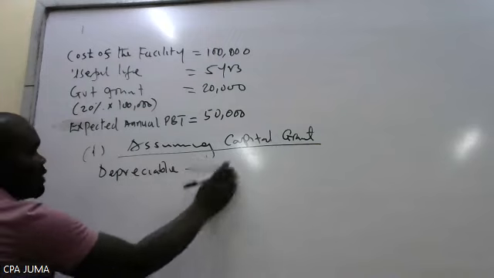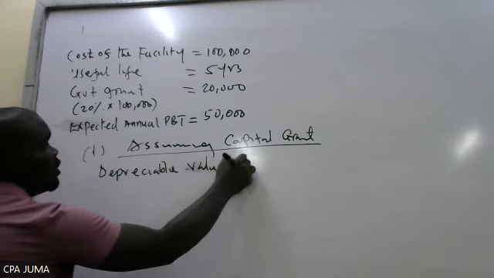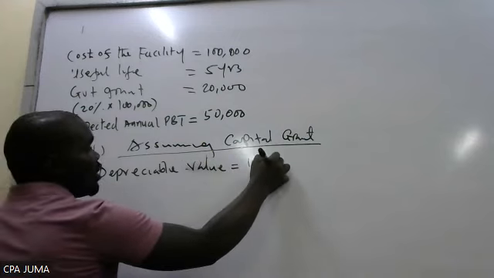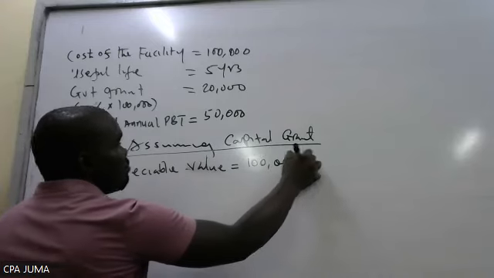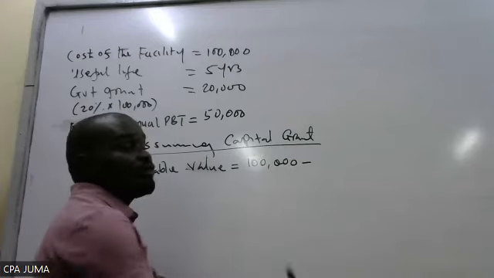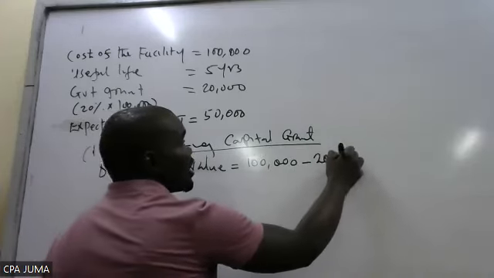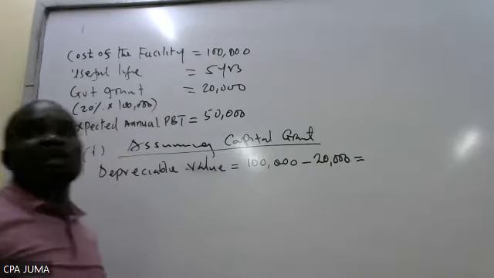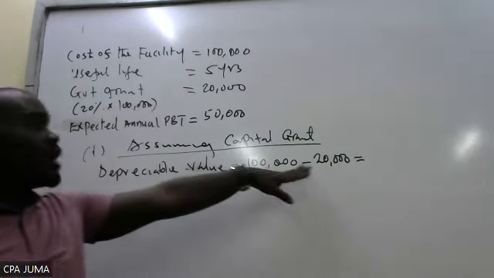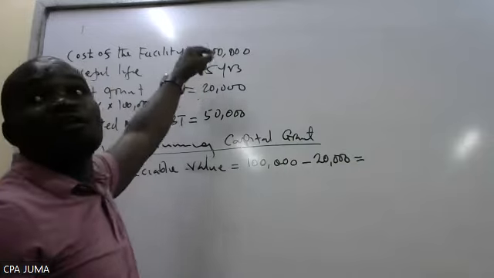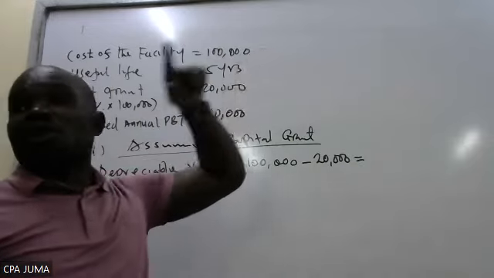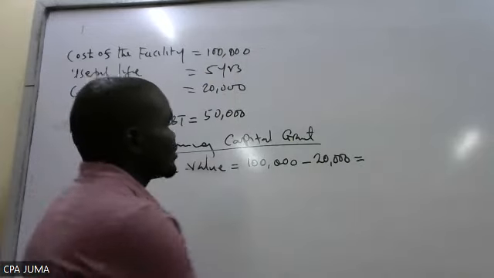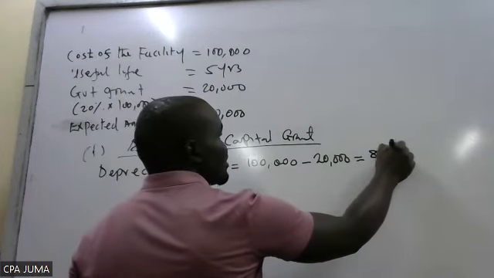Depreciable value will be the cost minus the value of the grant. You subtract the grant so that you don't depreciate the grant, because the grant is meant to help you reduce the value of the assets. So that one you're not supposed to depreciate.